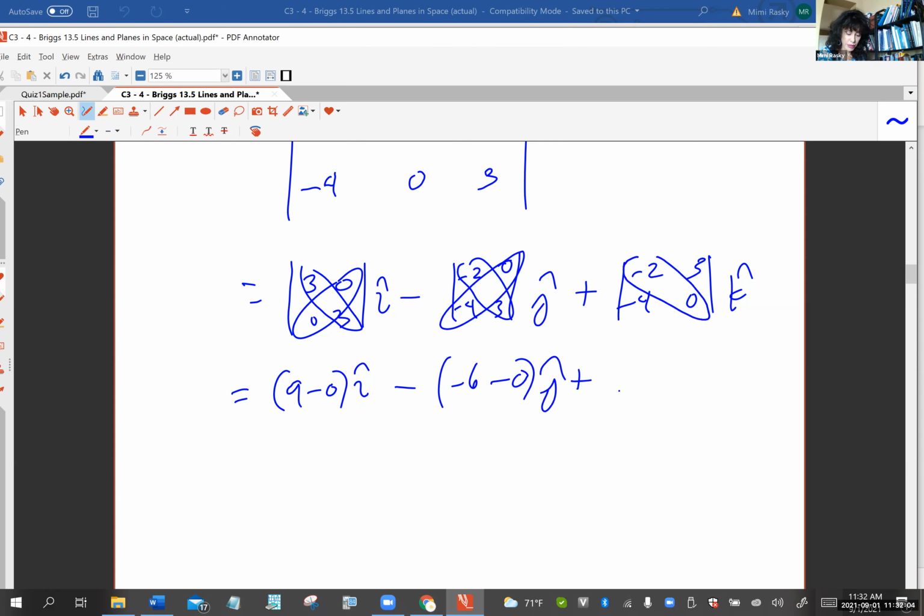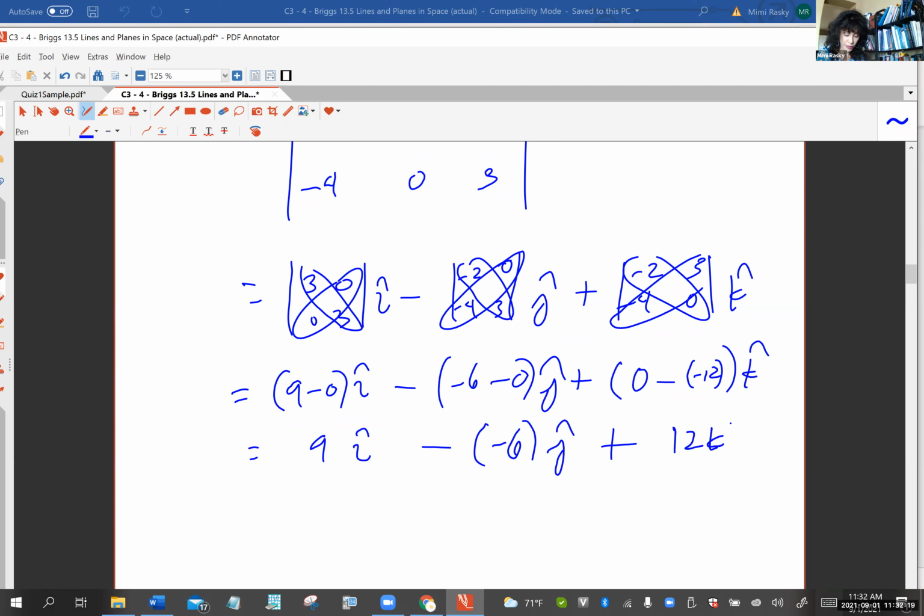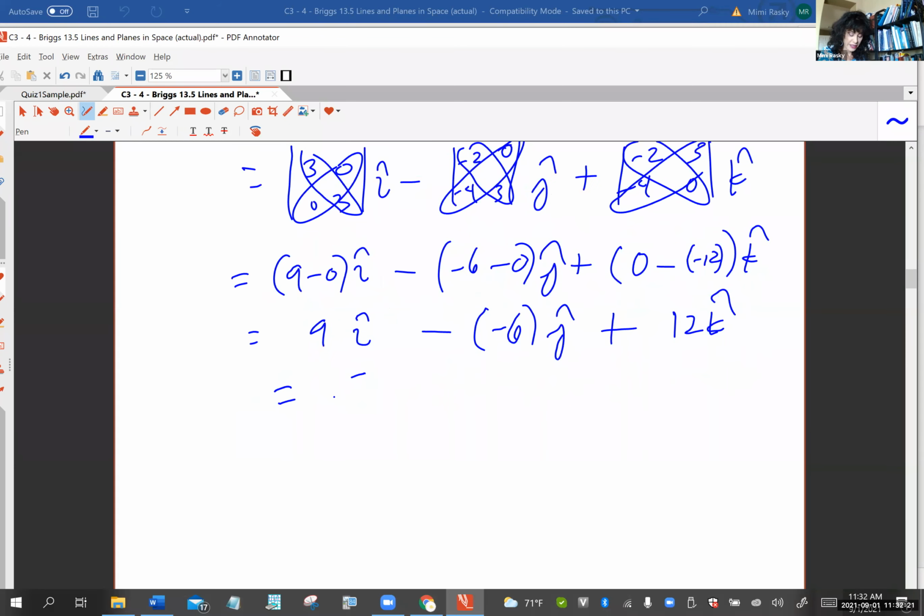And then here I do the major diagonal, anything times 0 is 0, and minus 3 times -4, that's a -12. Got a lot of negatives flying around here, gotta be careful. I got 9i hat minus -6j hat plus -12, which is +12k hat. Let's rewrite this in component form just because I like it that way. So the components are 9, 6, 12.